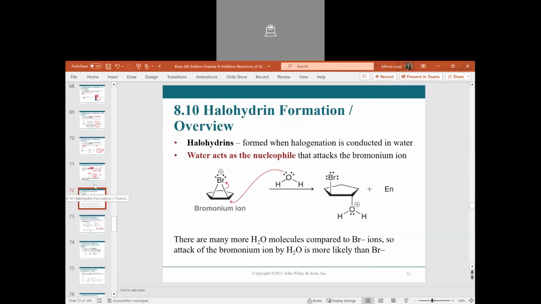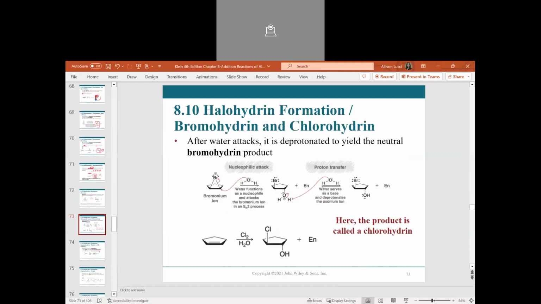Very similar to bromination or halogenation is halohydrin formation. This is when we have Br2 or Cl2 and water reacting, and we'll end up with a similar anti-addition, where we add our halogen on the one plane.